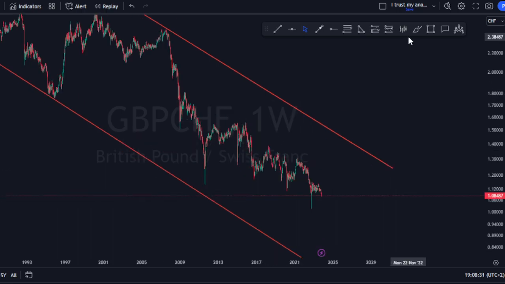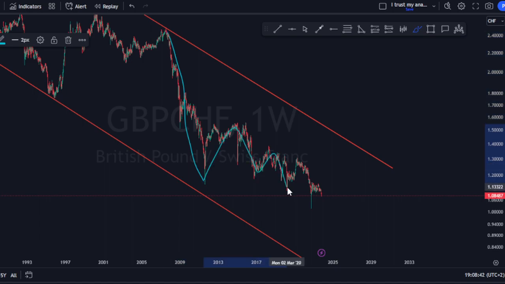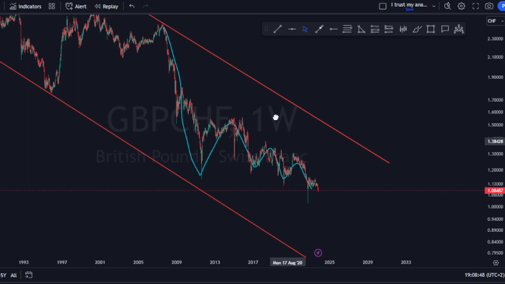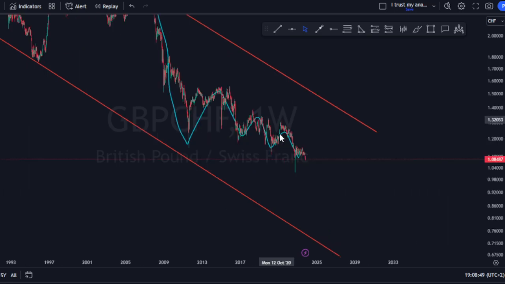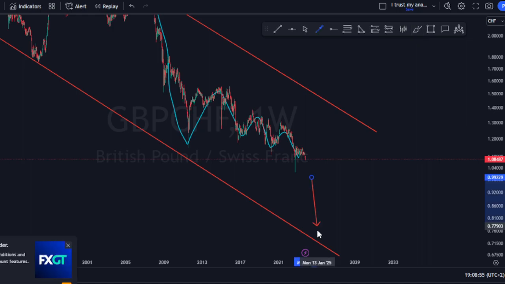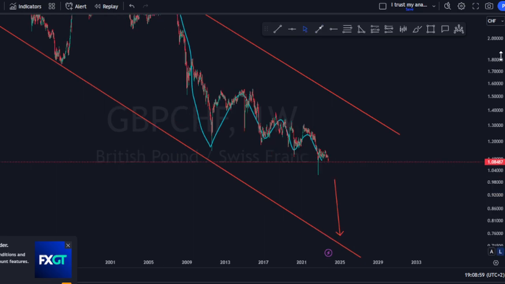So going back to this pair, we do have a strong push to the downside, and this seems to be a corrective pattern of some sort. And where I see this pattern going is back to these lows, to the downside. Remember, ladies and gentlemen, this is the second probability. We're not changing our analysis from last week.